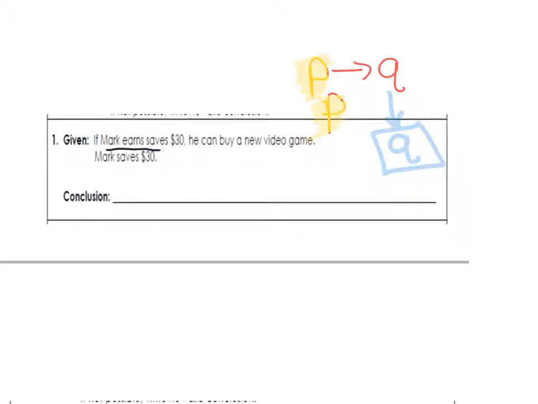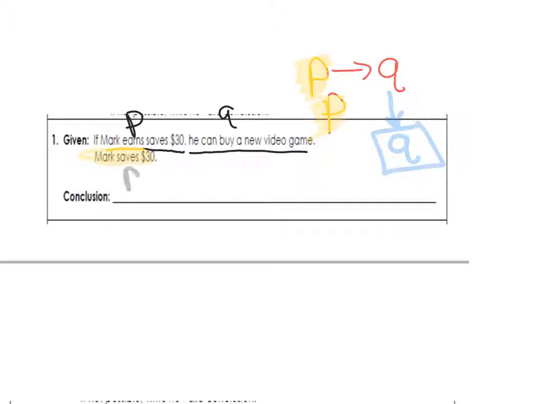If Mark saves $30, he can buy a new video game. Let's go ahead and mark P for Mark saves $30, and Q, which is the conclusion, he can buy a new video game. Well, if that's the case, what does our last statement say? Oh, Mark saves.